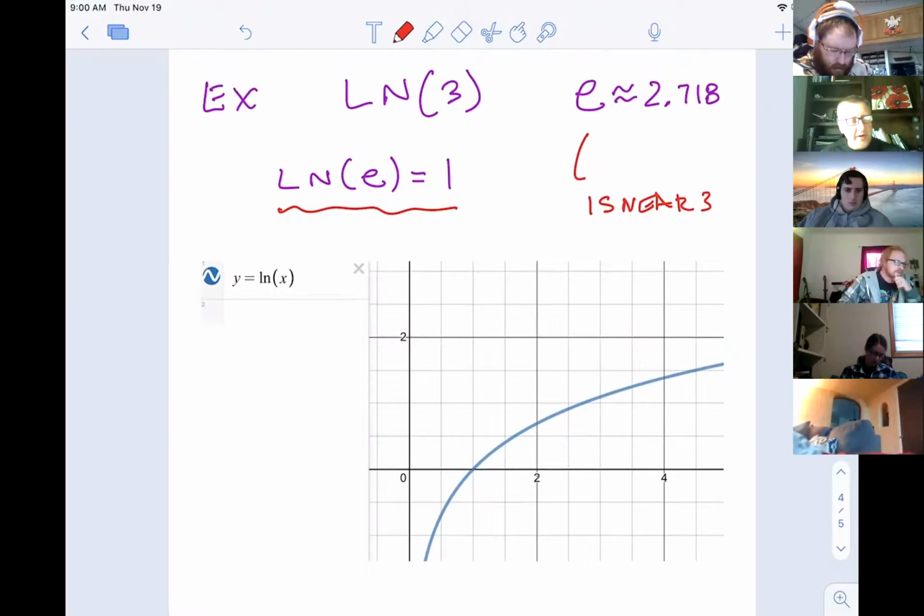The cool thing about your era is you actually have a calculator, so you can check whatever answer you get.